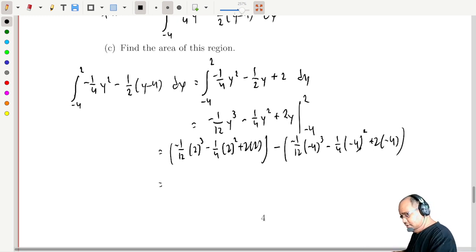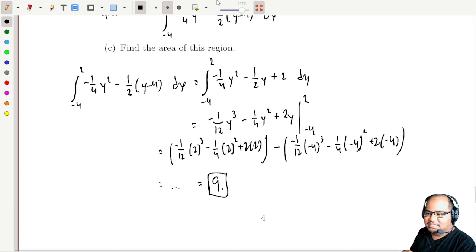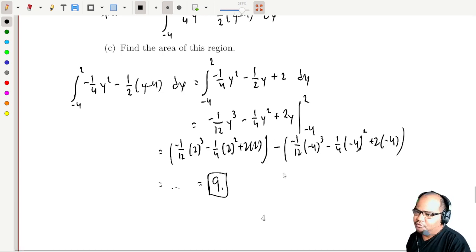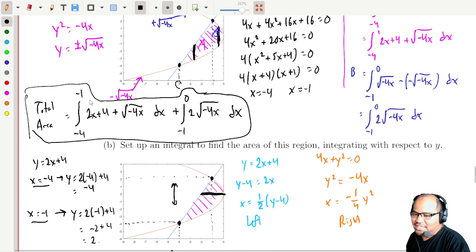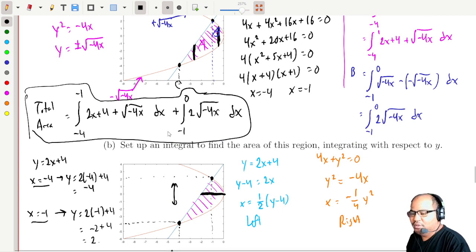When we do all the work and simplify all this mess, we get 9 as our area. So even though it may have looked a little scary, just doing one integral does the job easily, and we don't have to worry about evaluating on two intervals, whereas in the integral in x, we would have to do it in two. But as an exercise, go ahead and do this integral. You may need some u substitutions here, but go ahead and verify that you do indeed get 9 as the area.